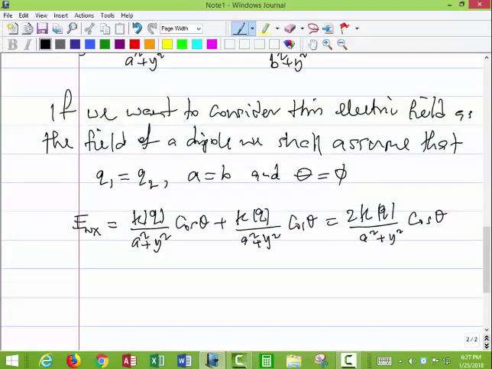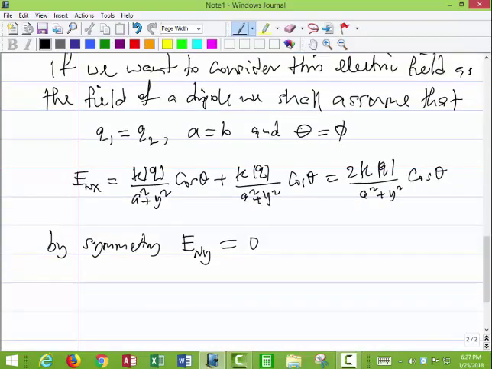And then we can say that by symmetry, the electric field in the y direction is equal to 0, and we can see why that is true. So E y is equal to KQ over A squared plus Y squared.